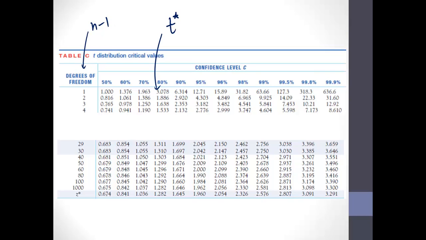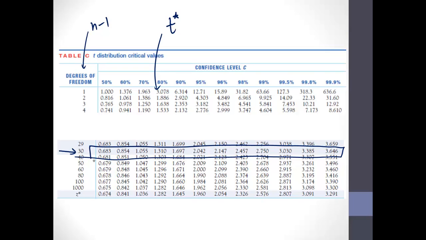So however many people are in your sample, that number minus 1. So that's going to be the row that you go to. Say I have 31 people in my sample, so the degrees of freedom is 30. And then this just gives me the critical values for that situation.